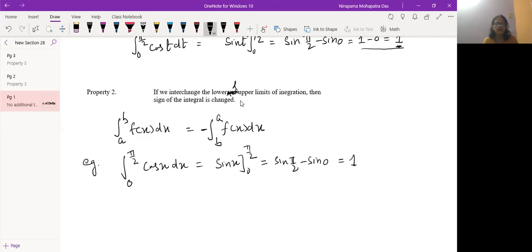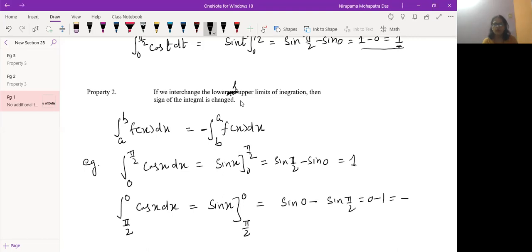Now let me interchange the limits: the integral from pi by 2 to 0 of cos x dx. We get sin x from pi by 2 to 0, so sin 0 minus sin pi by 2, which is 0 minus 1, equal to minus 1.